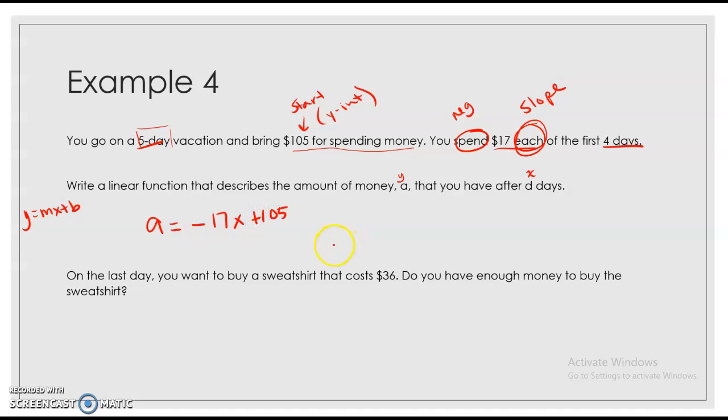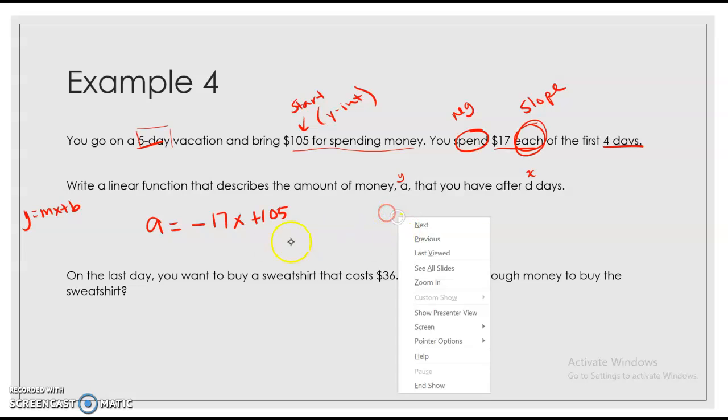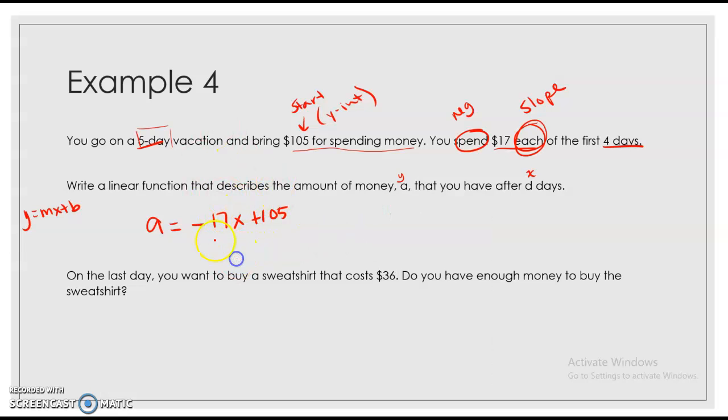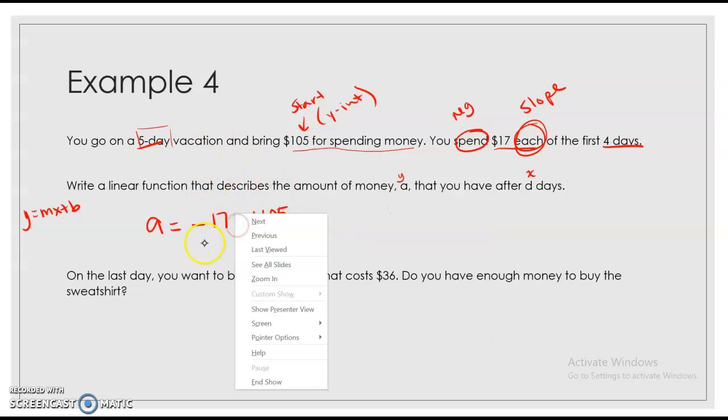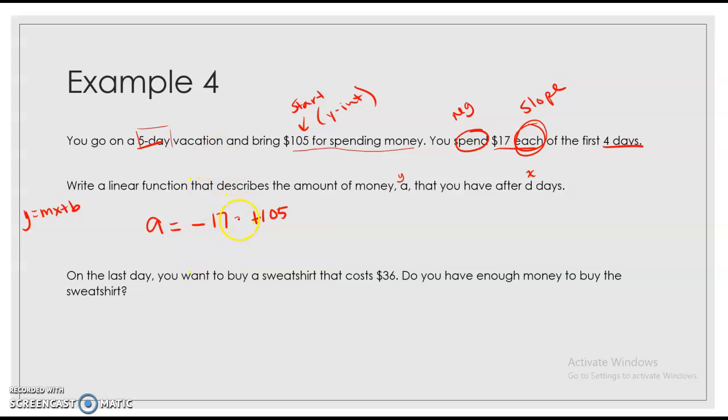Now, oh, I put x again, and I should have known we're changing letters. Instead of x, that's d. The other way we can write this is the amount of money starting at 105, subtracting 17 per day. So both of those are correct answers for our linear function.